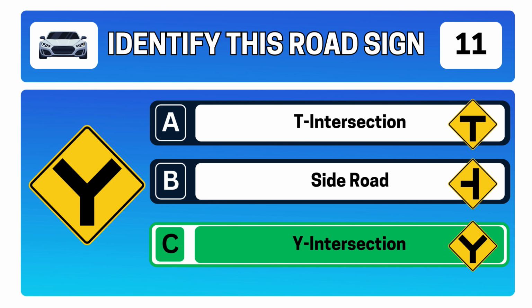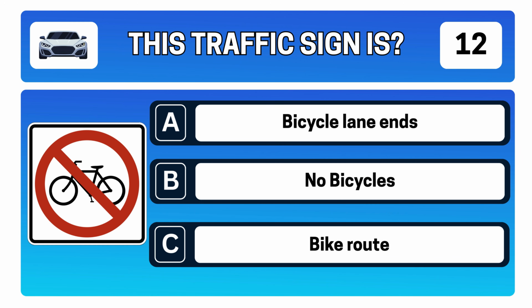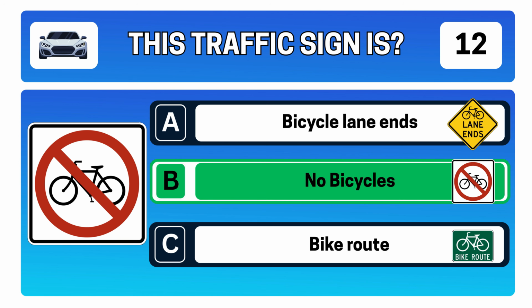Well spotted. This is the Y intersection sign. This traffic sign is? Exactly. This sign prohibits bicycles on a particular road.